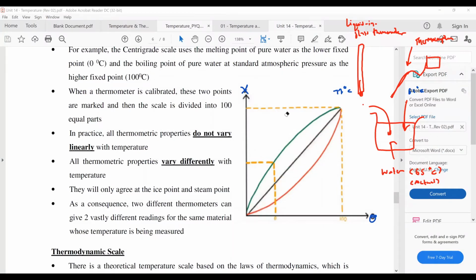This is the ideal case, where the thermometric property varies linearly with temperature. But say for example, for the two examples here, your liquid in glass thermometer and your thermocouple, they actually do not vary linearly with temperature. Maybe this one is your liquid in glass thermometer. Maybe this one is your thermocouple.